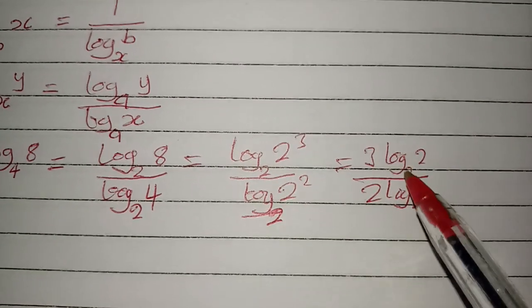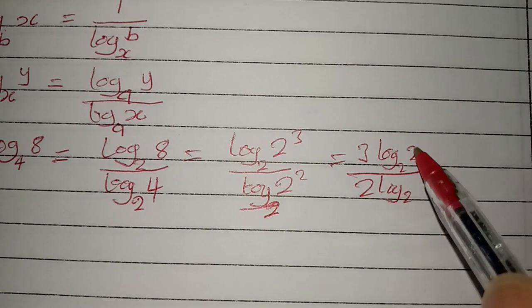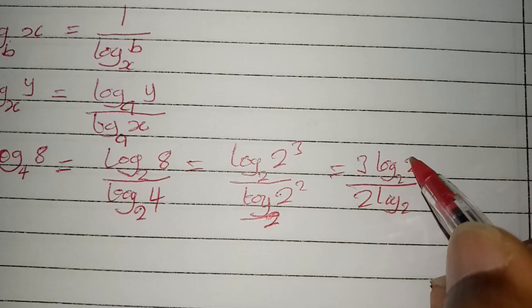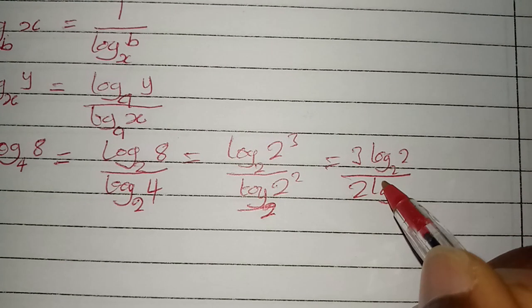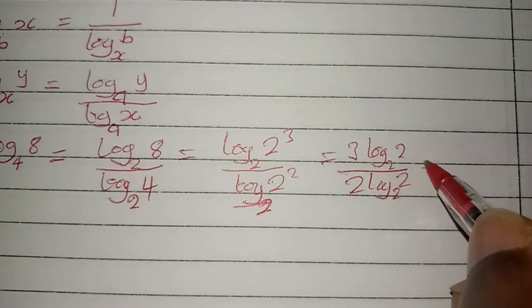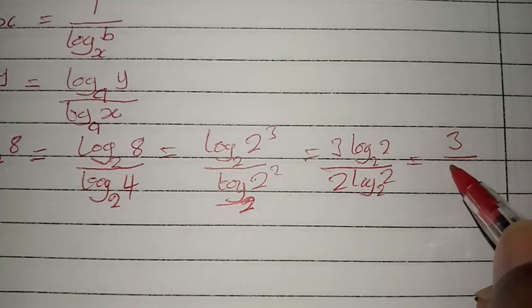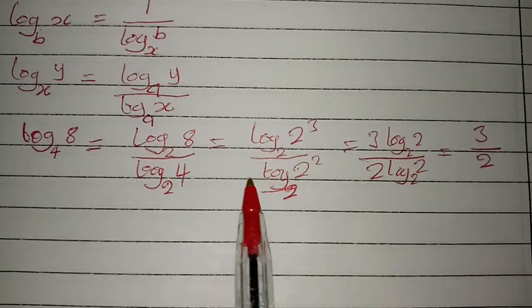Like I said earlier, if you have log of a certain number to the base of that same number, it's always 1. So log 2 to the base 2 will give us 1, and log 2 to the base 2 here will also give us 1. So our final answer must be what? 3 over 2.